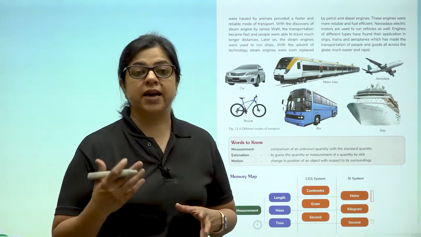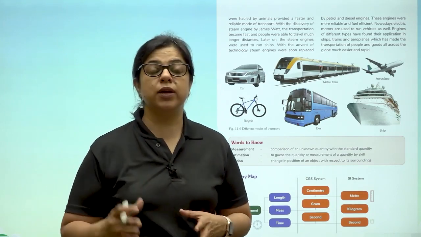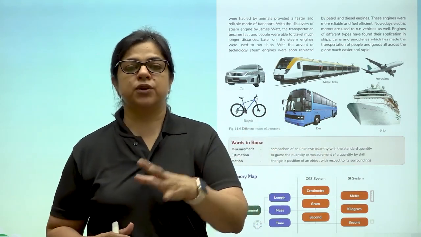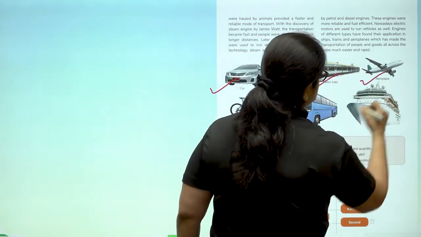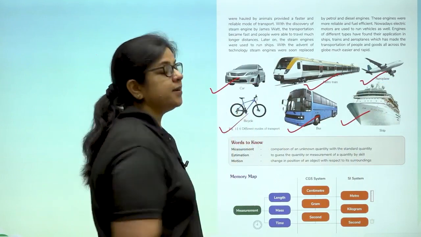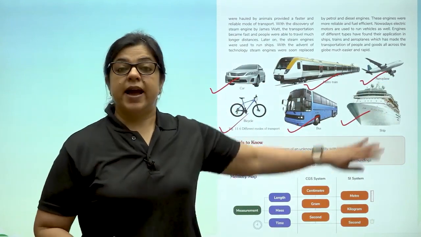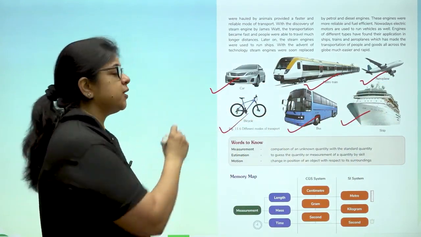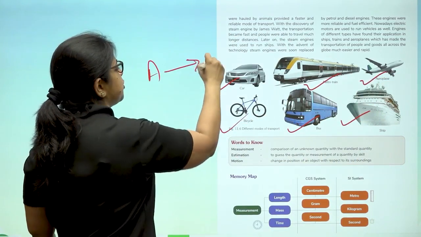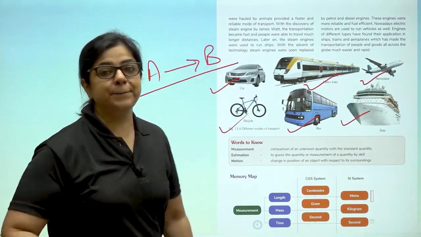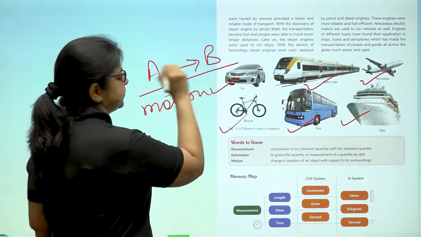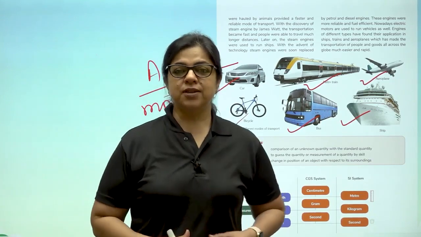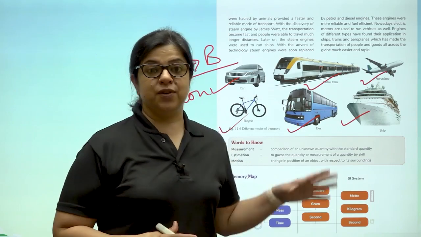He used them to design many other things. And slowly, what did the means of transport modify into? Cars, metros, aeroplanes, ships, buses, and bicycles. And all of these, what do they do? They help us move from point A to B. They help in motion.